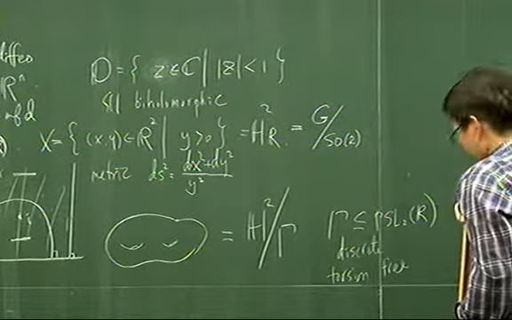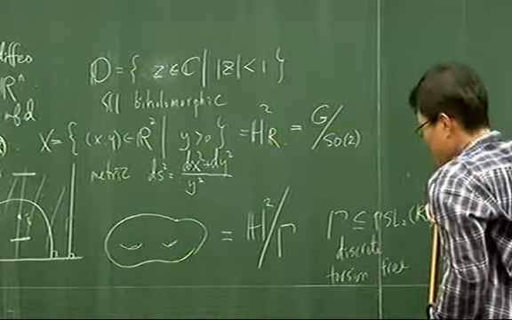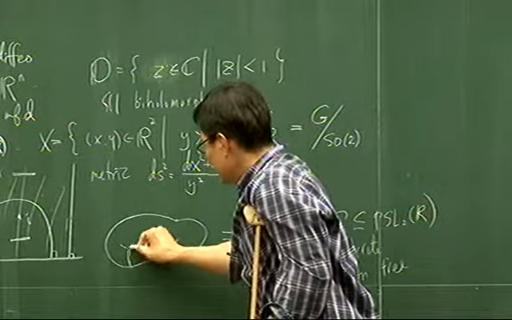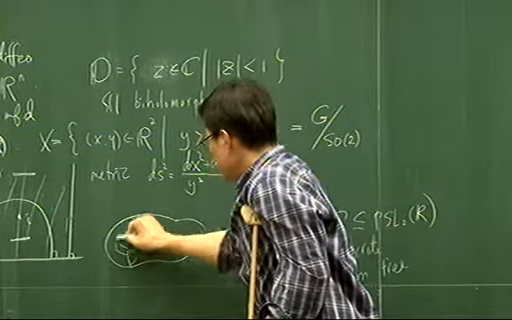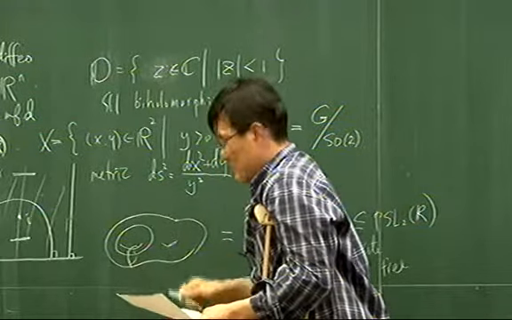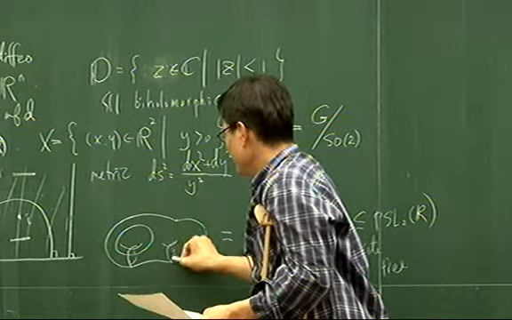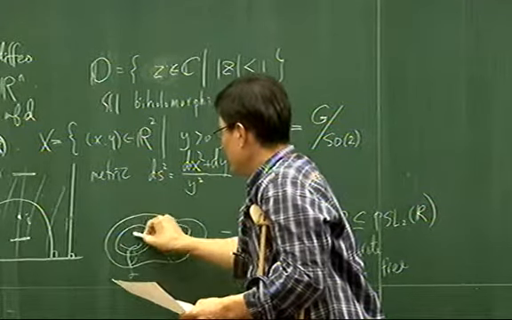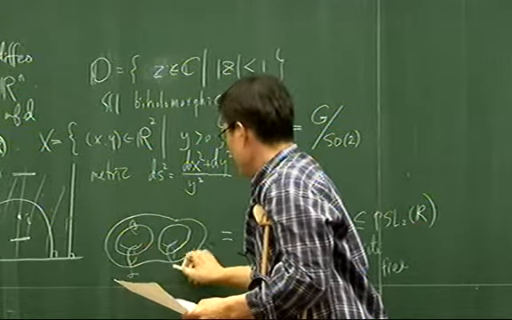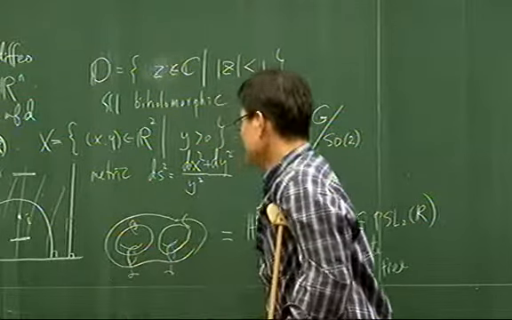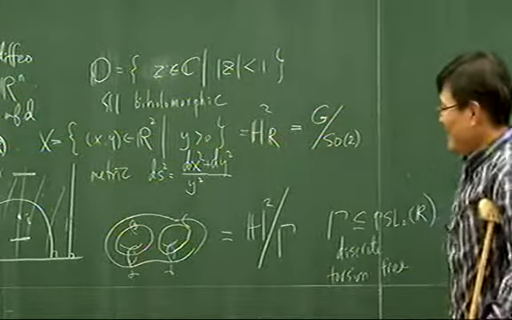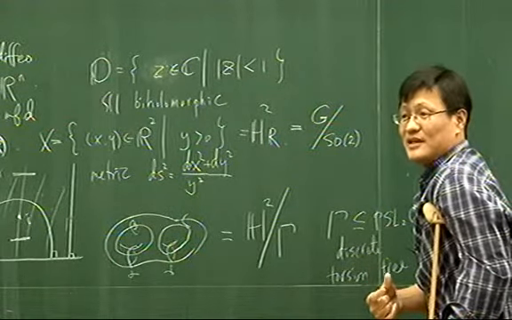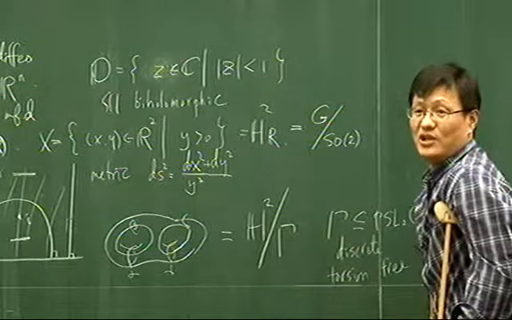Okay, well, just for fun, let's draw some pictures. Choose some generators of the fundamental group. So I wrote alpha, beta, gamma, and delta. Well, this is actually sort of a free homotopy class of those generators.